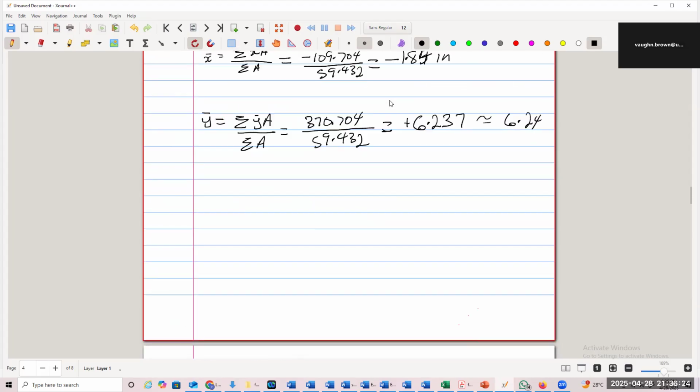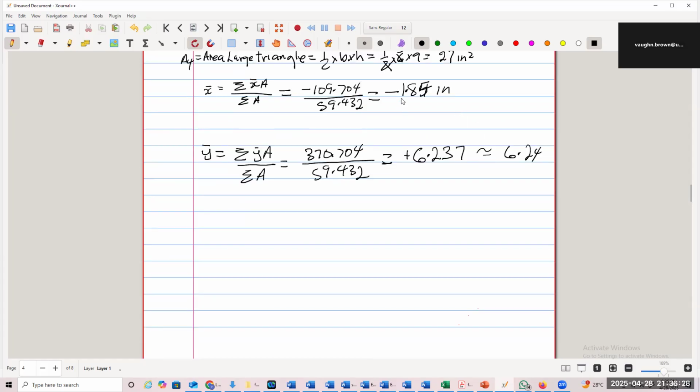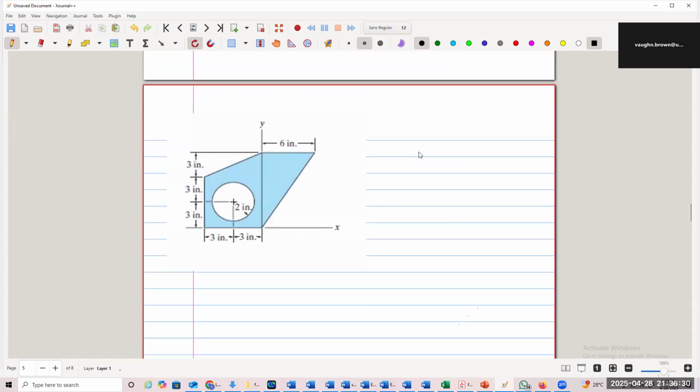So what it's telling us here is these components we need. Minus 1.85, let's identify where we think they are. Minus 1.85 would be probably somewhere over here.